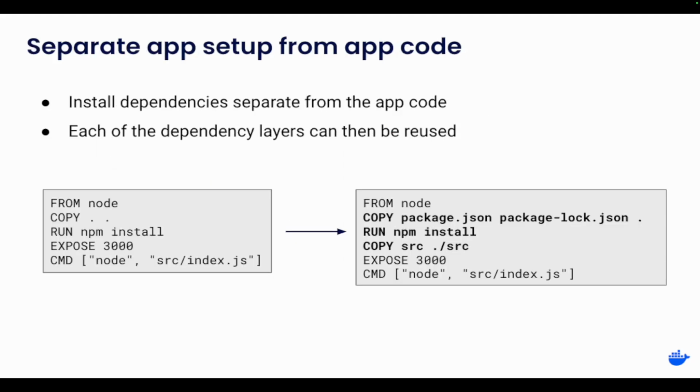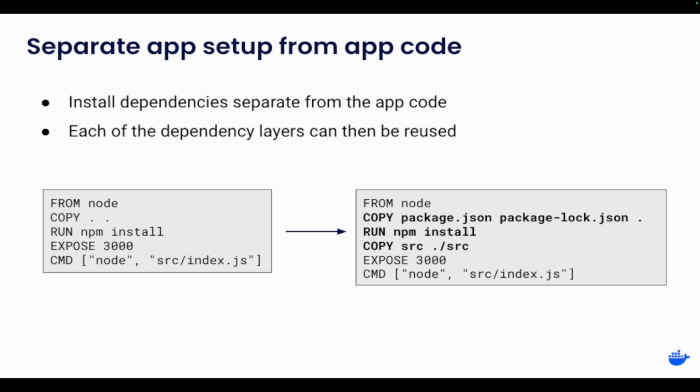All right. So one of the key things to understand when you're building an image is what actually needs to change on a regular basis. Certainly your application code will change on a regular basis. But does the application setup need to change on a regular basis? Probably not. Once you've actually set up the application and got it configured properly, you're probably not going to change that very often.